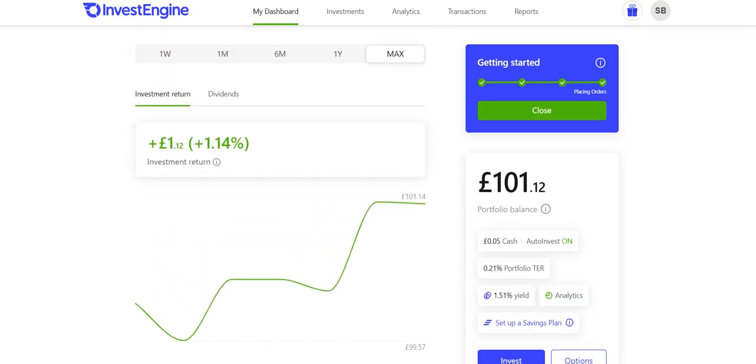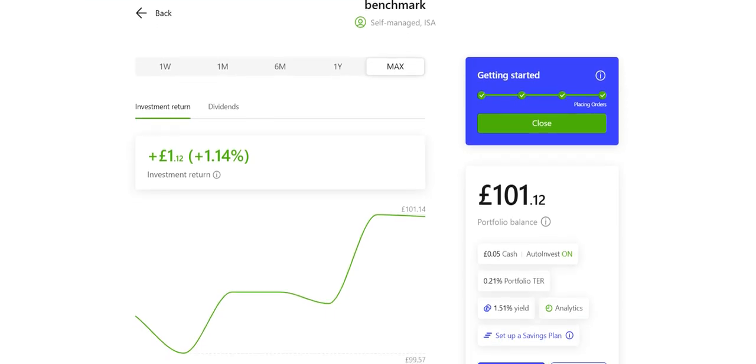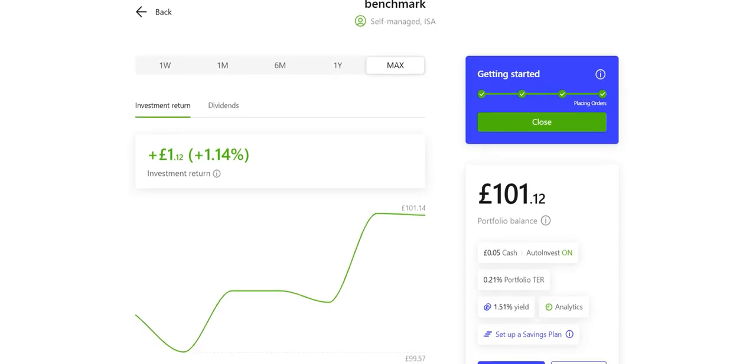Like I said, you can do this in the SIPP, or you can do this in the ISA. But if you do it in the SIPP and put £100 in, the government will put a £25 top up in there. So that's really good.